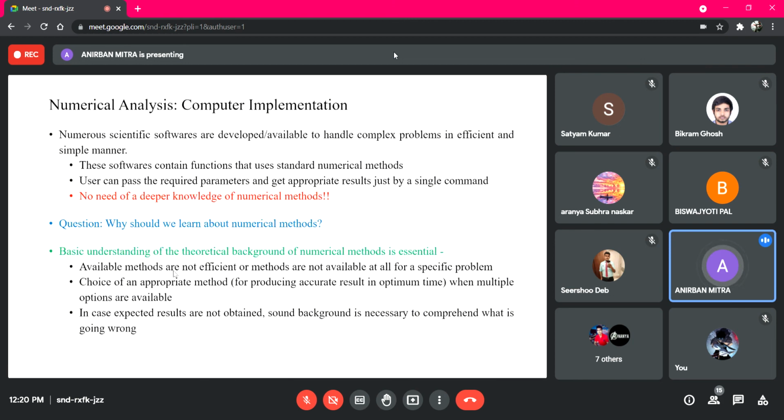So these are the three main reasons why you should invest time on numerical methods and have some in-depth theoretical knowledge about it. And that is what this present course is geared to.